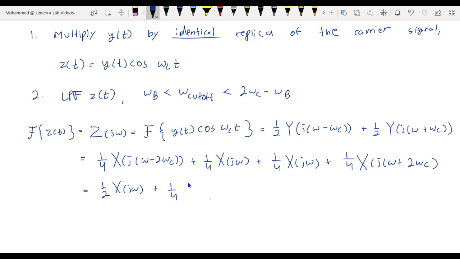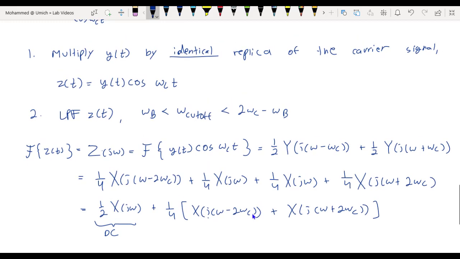plus 1/4 times X(j(omega minus 2 omega_c)) plus X(j(omega plus 2 omega_c)). The first term here, 1/2 X(j omega), is centered at DC, f equals 0, and then the two components in the second term are centered at plus or minus 2 omega_c.